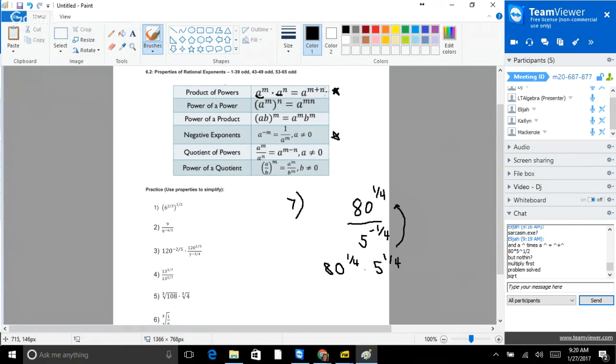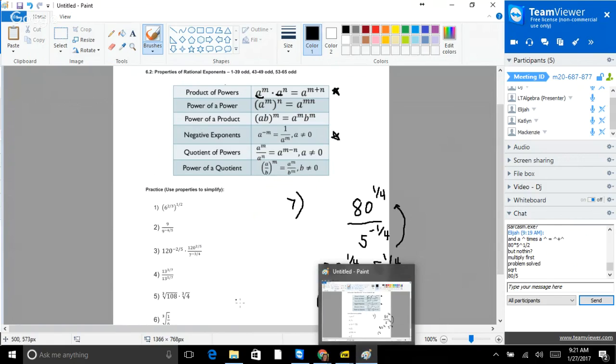So we can't quite use this rule yet, but we could break 80 out into 5 times, what is that? My brain's not working. 5 times what gives me 80? 16. Okay.